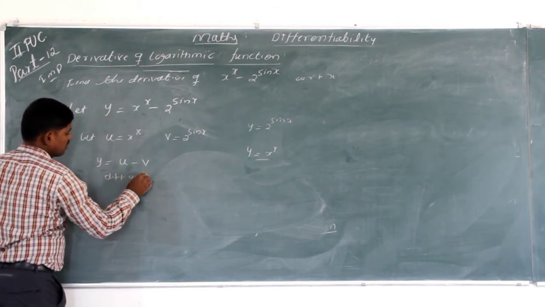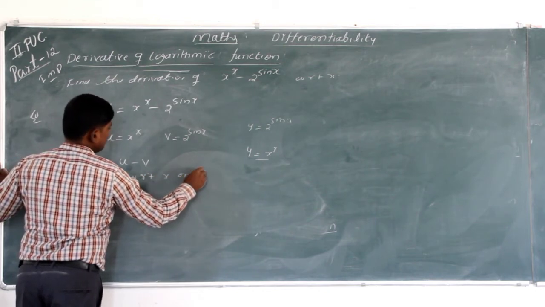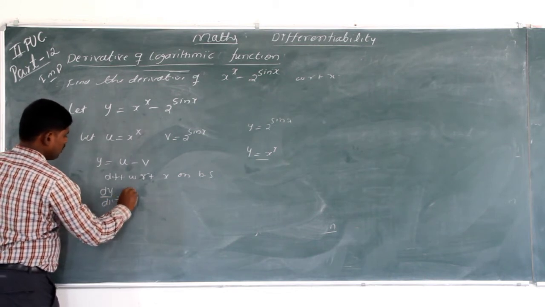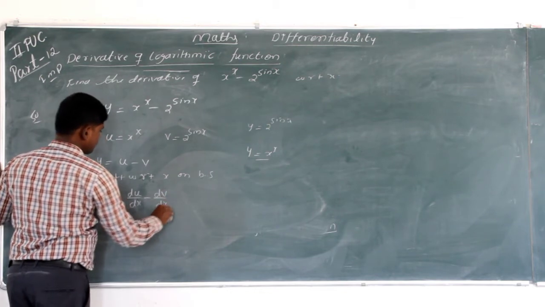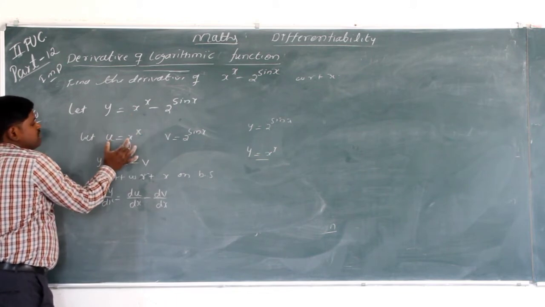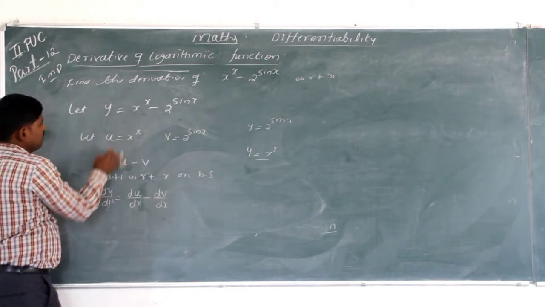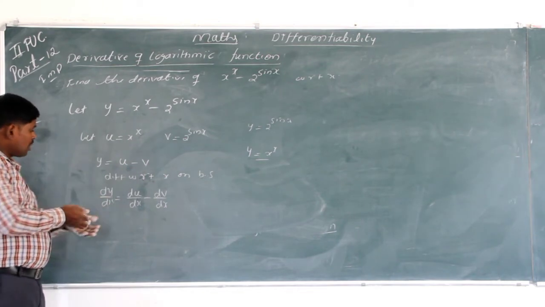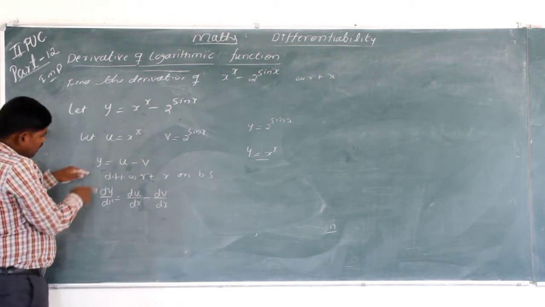Differentiate with respect to x on both sides. So then we get dy by dx is equal to du by dx minus dv by dx. To find the derivative of this function dy by dx, we are going to differentiate this term.